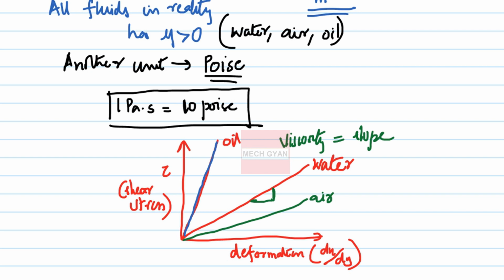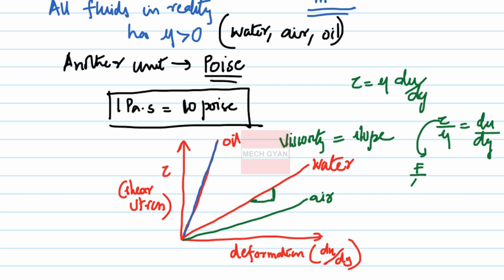From Newton's law of viscosity we know that shear stress tau is equal to mu du by dy, or shear stress tau is equal to force by area. From this equation, mu is equal to tau by du by dy.